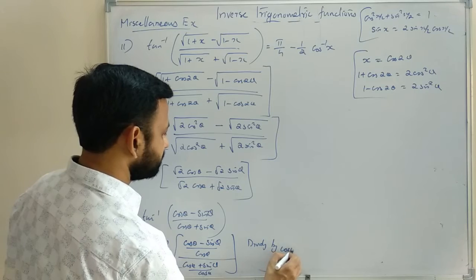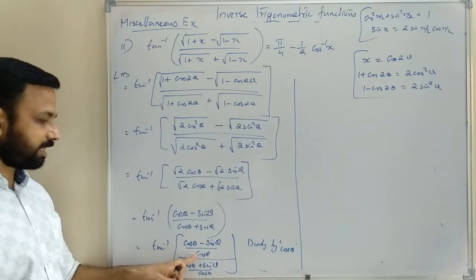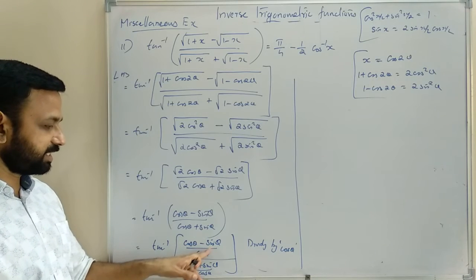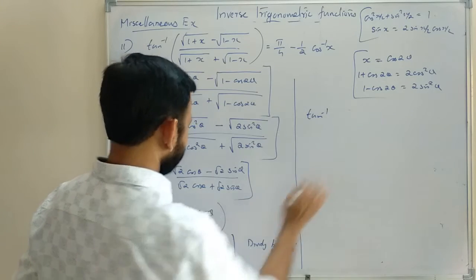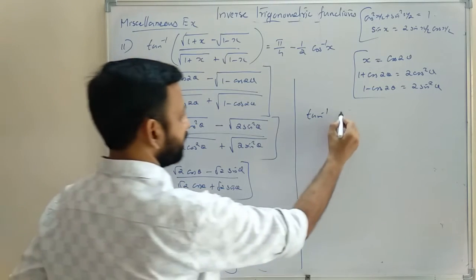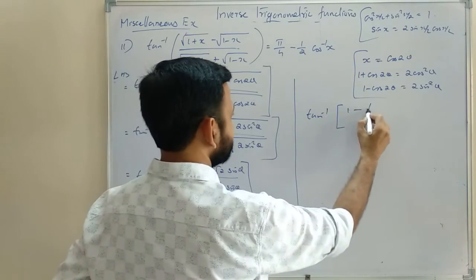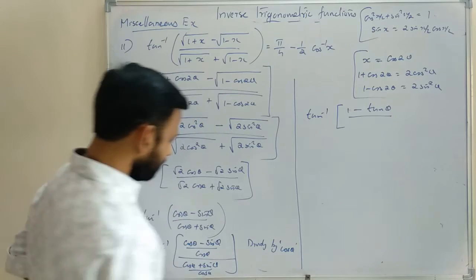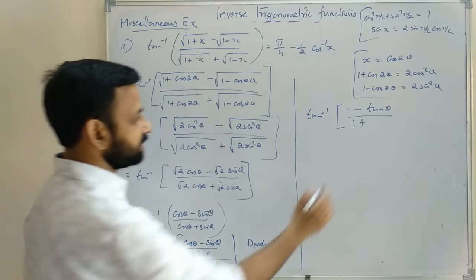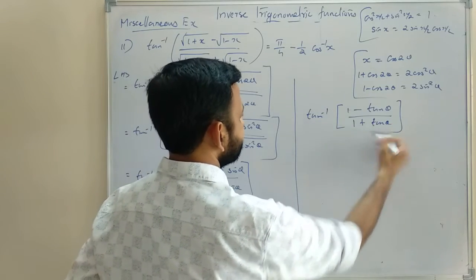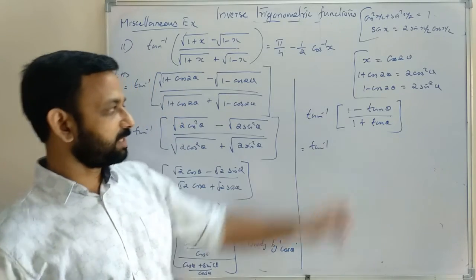Then cos theta upon cos theta is 1, minus sin theta upon cos theta, that is tan theta, divided by 1 plus sin theta upon cos theta, that is tan theta. That is equal to tan inverse of (1 minus tan theta) upon (1 plus tan theta).